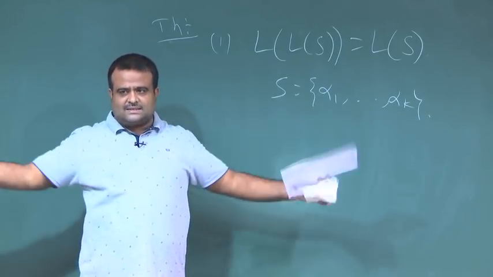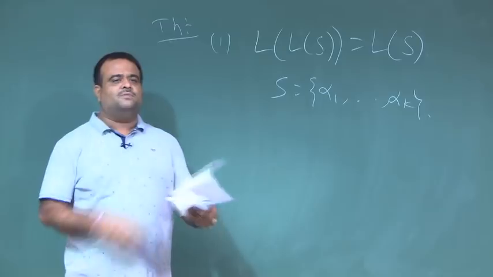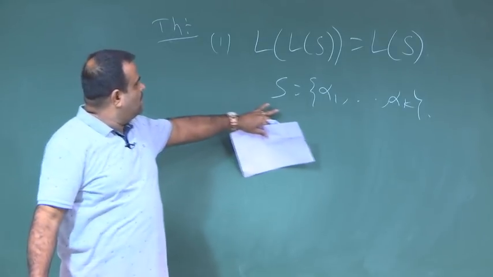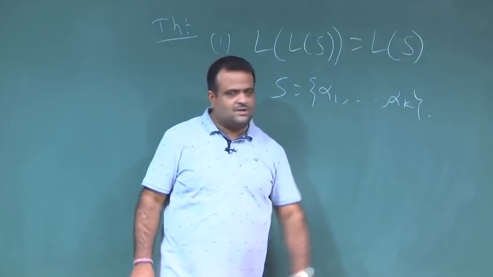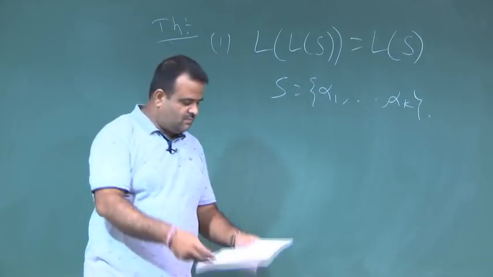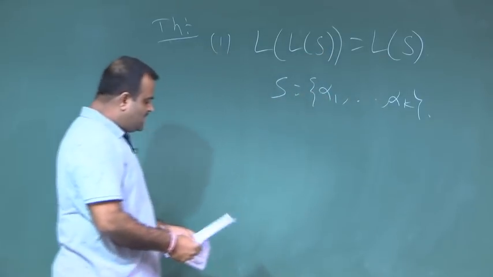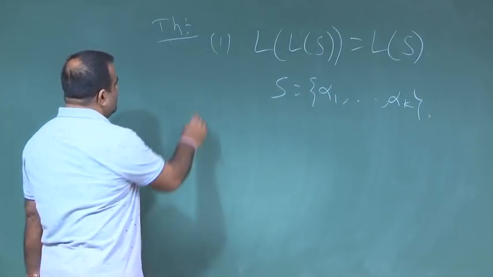Again, if we take that set and take its linear span, eventually it gives us the linear span of these alphas. Again, we can formally prove that by taking each as a subset of the other, but that is not very difficult to show.